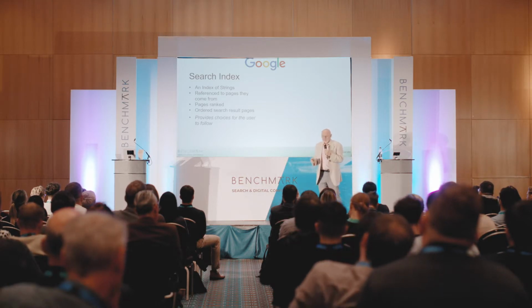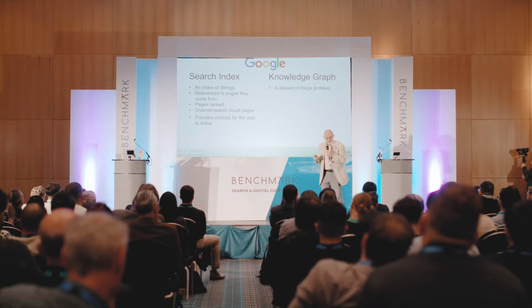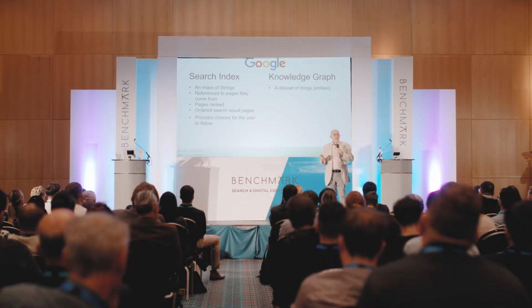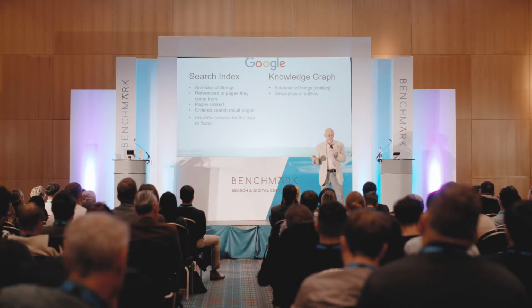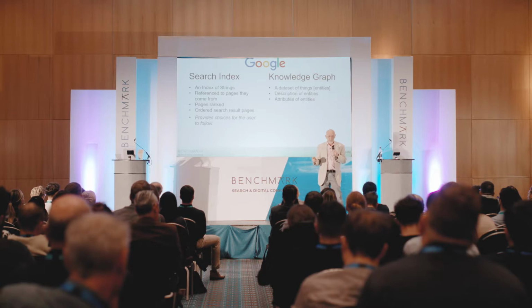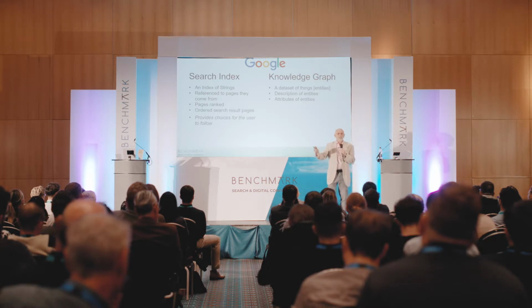Whereas the knowledge graph is a data set of things, entities, with descriptions of those entities, attributes of the entities, so height, colour, weight, date of birth, that kind of stuff.